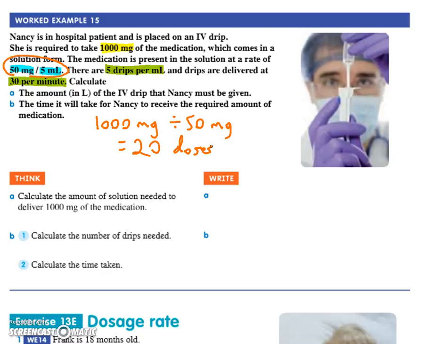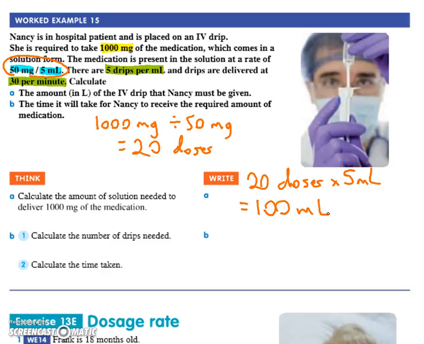So you go, okay, 20 doses times 5 mil equals what? Anyone using a calculator to do 20 times 5? Thank you. She needs 100 mil of the solution.